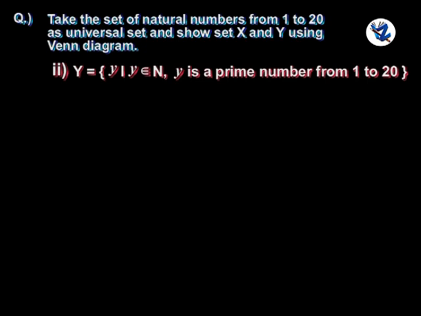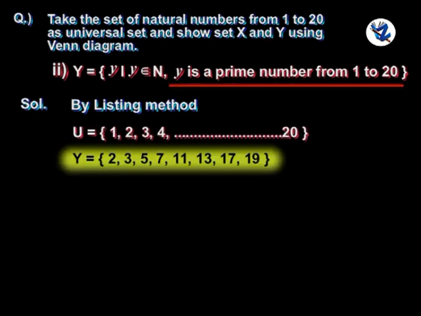A is equal to 1, 2, 3, 5, 7. B is equal to 1, 5, 8, 9, 10. A union B is 1, 2, 3, 5, 7, 8, 9, 10. A intersection B is 1, 5.